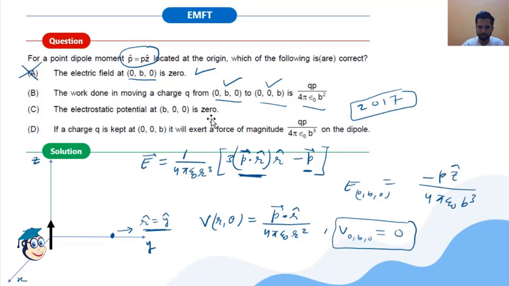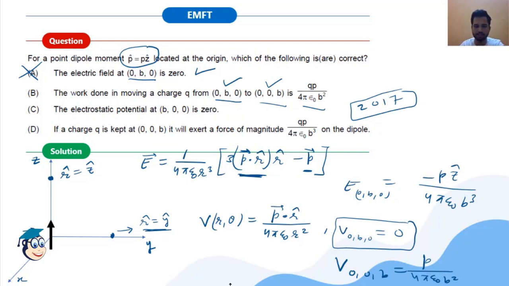And the second point V at 0 comma 0 comma b is somewhere here, and here r cap is equal to z cap. So z dot z is 1 and you will get the potential as P divided by 4 pi epsilon naught b squared.